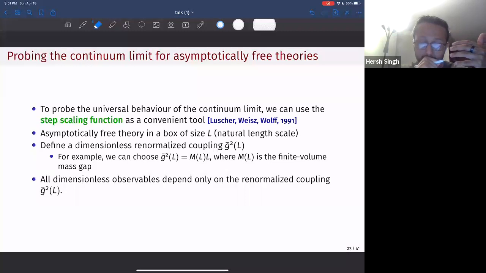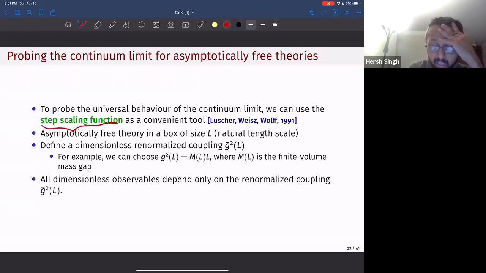To probe the universal behavior of the continuum limit, there's a nice tool called the step scaling function, introduced by Lüscher, Weisz, and Wolff in 91. This is essentially a finite size version of the beta function. I'll define it in a minute.